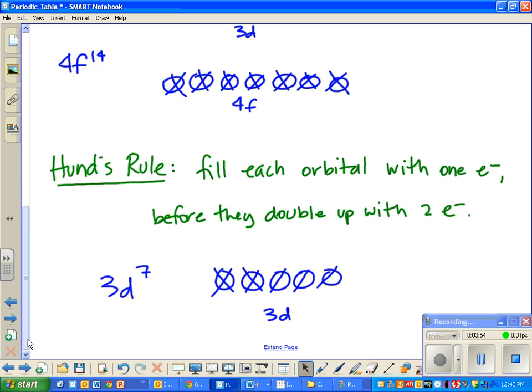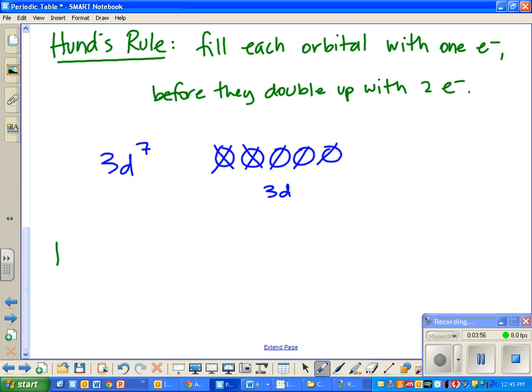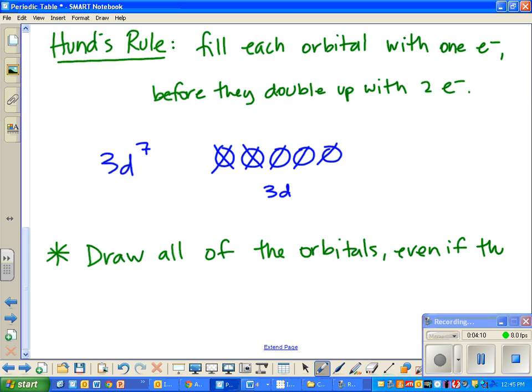The other rule, and I'm just going to put a star there, doesn't have a name, is that you need to draw all of the orbitals even if they are empty.